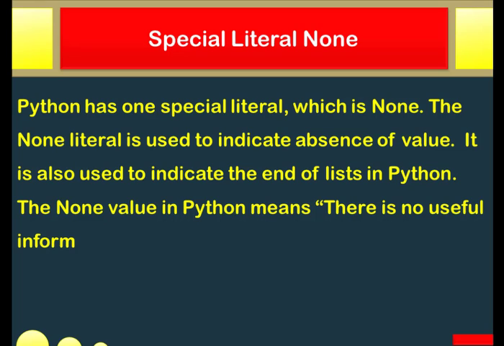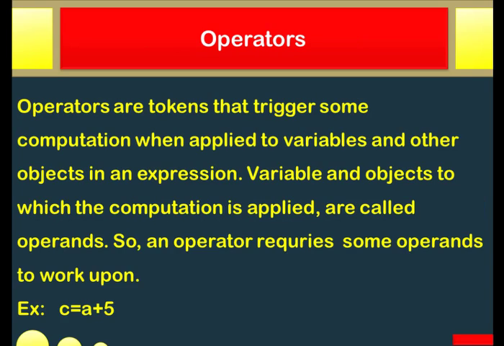The None value in Python means there is no useful information, or there is nothing here. So if no value is there in any variable, that means it's None. That is the special literal None. We are going to learn about this in the next chapter actually, so this much only I am going to give here.